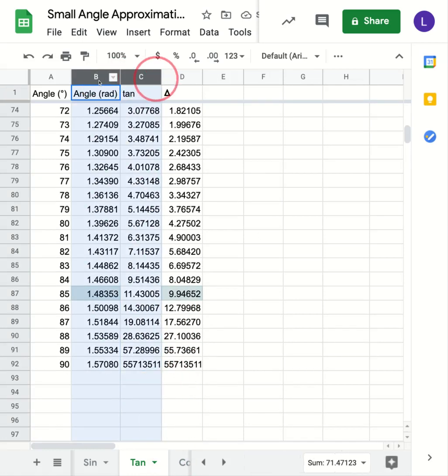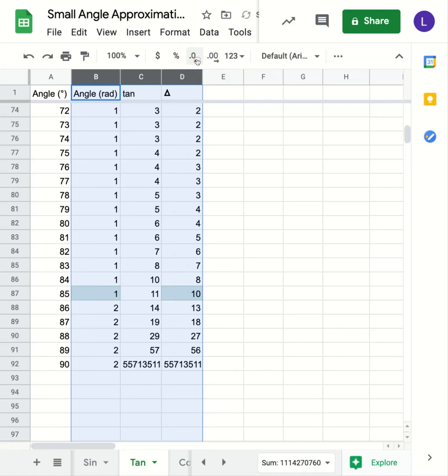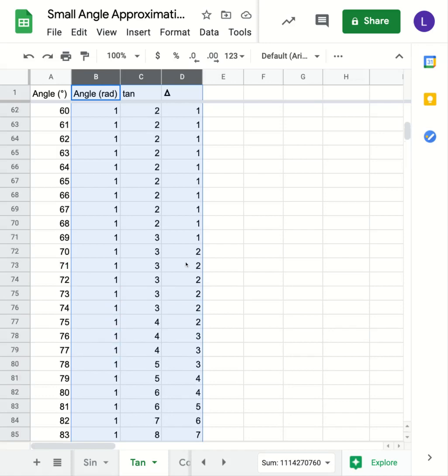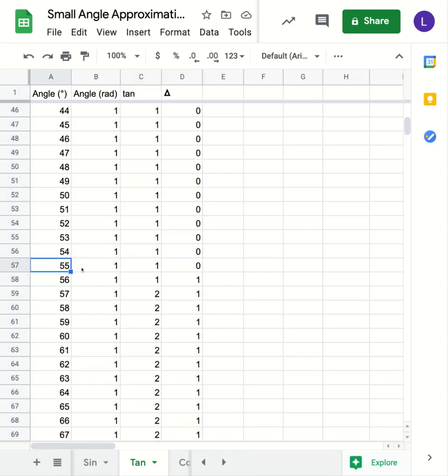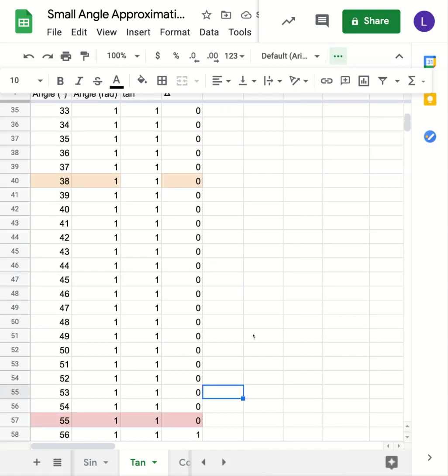So we don't get cross-eyed looking at the numbers here, we'll bring these down to a whole number. And what we can see here is that to a whole number, it does become 0 at 55. But again, that's not even one significant digit. That's to a whole number.